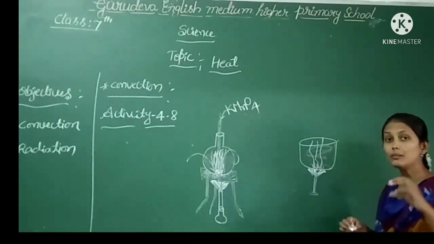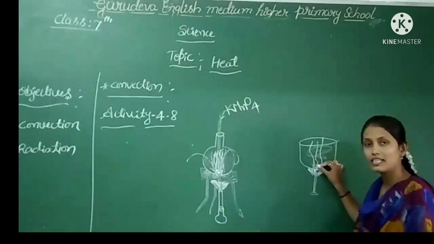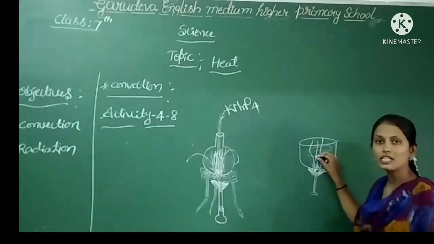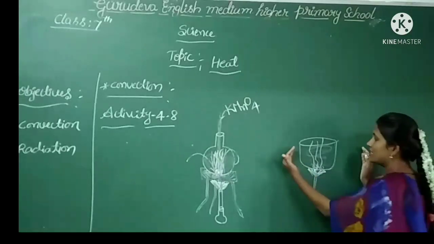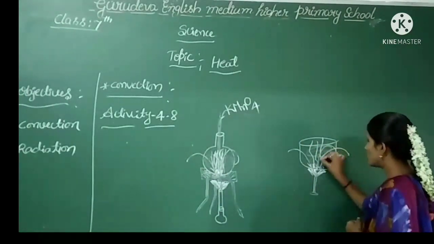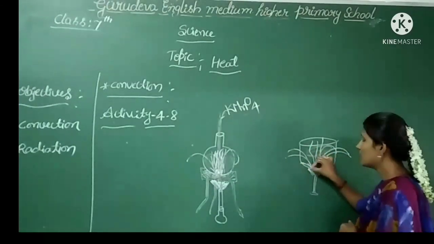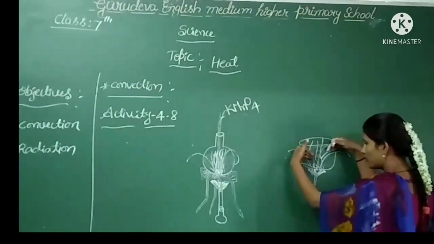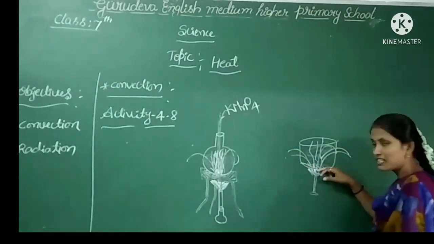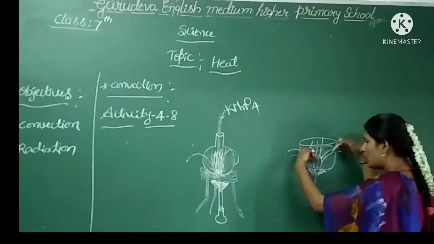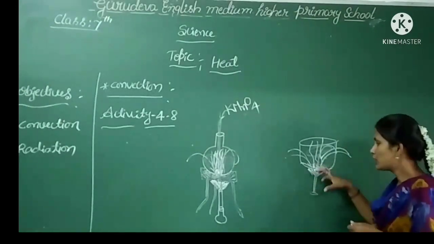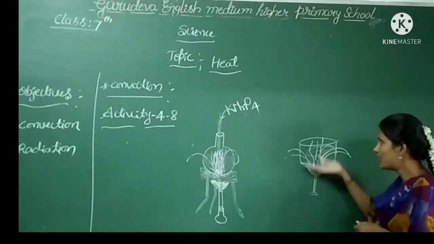You might observe that the bubbles from the bottom of the container rise up and move upwards, and the water present on the side moves downwards. The water on the side of the container moves downwards to get this heat energy. In this manner, the water molecules get heat energy and rise up.